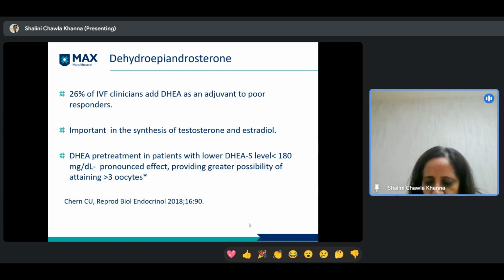So, there is a plethora of studies considering DHEA pre-treatment, but where have they been found to be beneficial? Once you get the DHEA levels done and the DHEA levels are less than 180 micrograms per deciliter, they have a better effect. They provide greater possibility of attaining more than 3 oocytes.